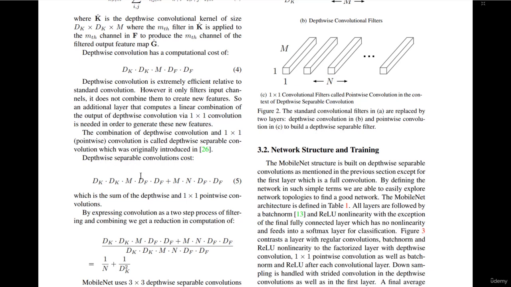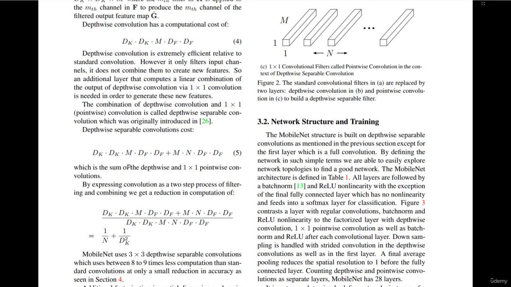Now what we do is we're trying to find a relationship between these two numbers of operations. So in the numerator right here we have the depthwise separable, and in the denominator we have the conv layer, and we obtain this result where we have 1 on n plus 1 on dk squared.